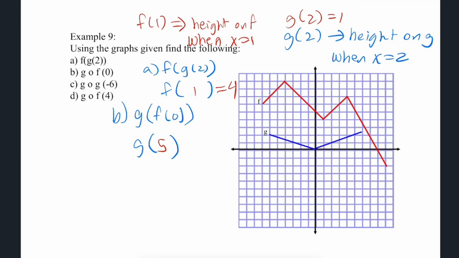Now we go on to the g function and look at the height when x is equal to 5. 1, 2, 3, 4, 5, go up. Our answer is right there.